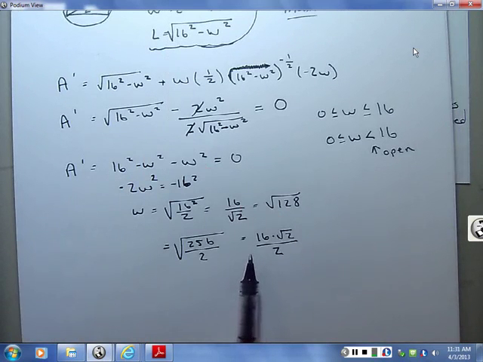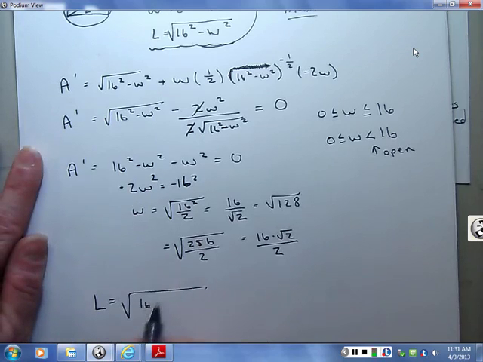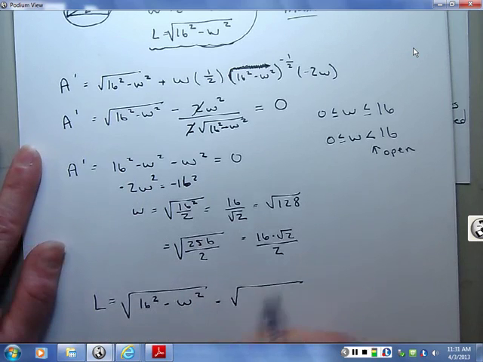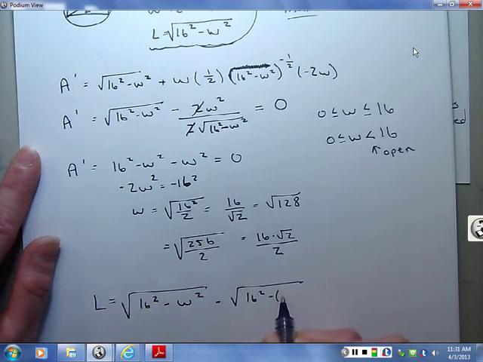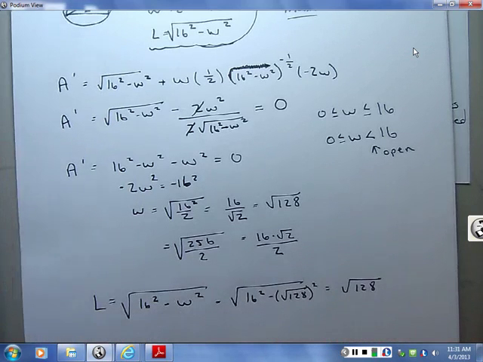Maximum area for a rectangle is going to be when that rectangle is a square, when length and width are the same. So I know the length formula is the square root of 16 squared minus w squared. So if I take the square root of 16 squared minus the square root of 128 squared, that gives me the square root of 128. 16 squared is 256.